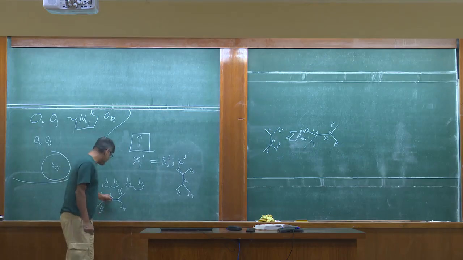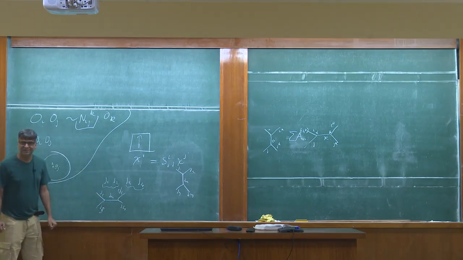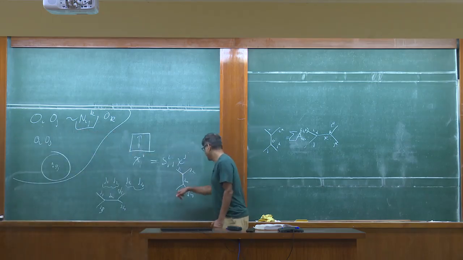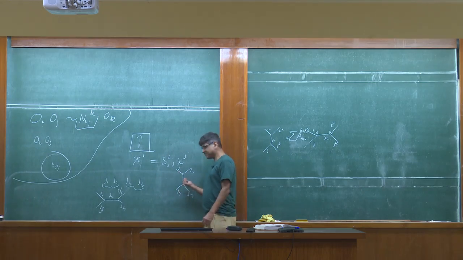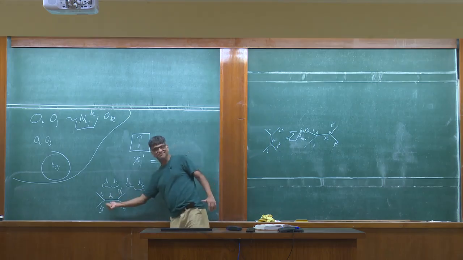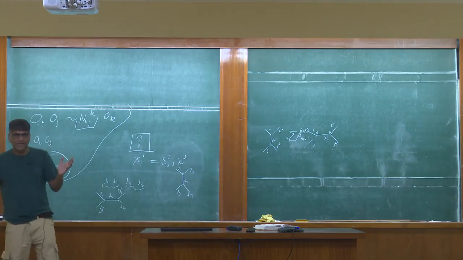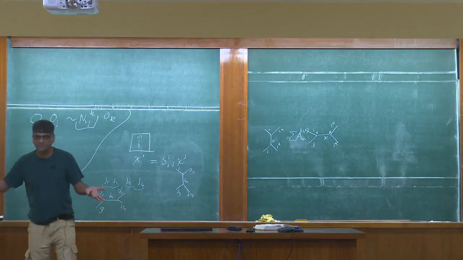Therefore, this in particular can be written as a linear combination of these. Okay? Now, these have J1, J2, J3, J4 in common. But that's 4 J's, and a 5th J here and a 6th J here. So these coefficient matrices that express one in terms of the other depend on 6 angular momenta and are therefore called 6J symbols.